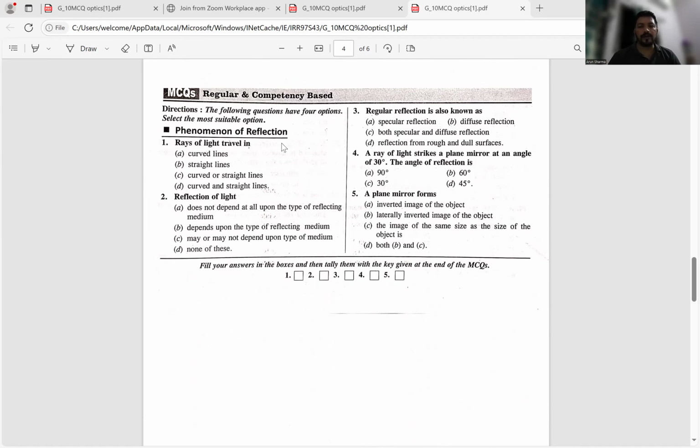In grade 10 you read about a plane mirror, a concave mirror, a convex mirror, and then lenses, and which type of ray diagram is formed by a concave mirror or convex mirror, whether it is real or virtual. These are all concepts, grade 12 students.